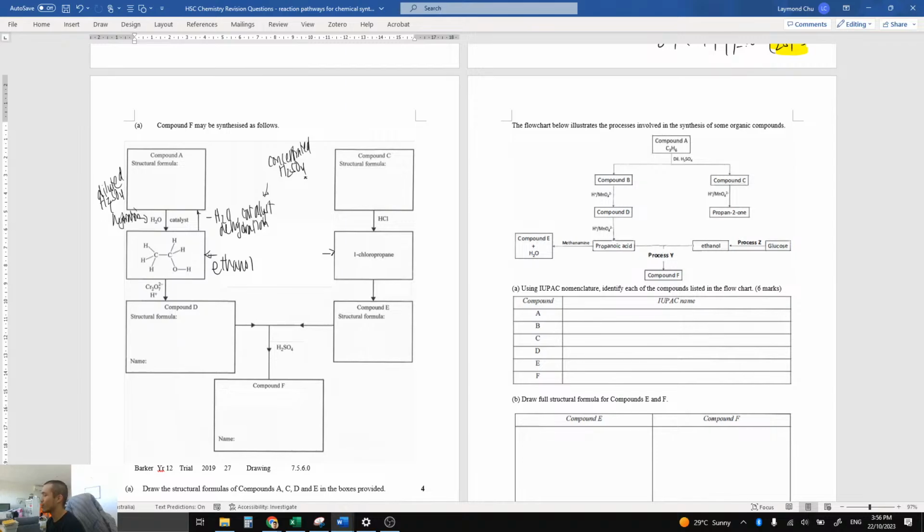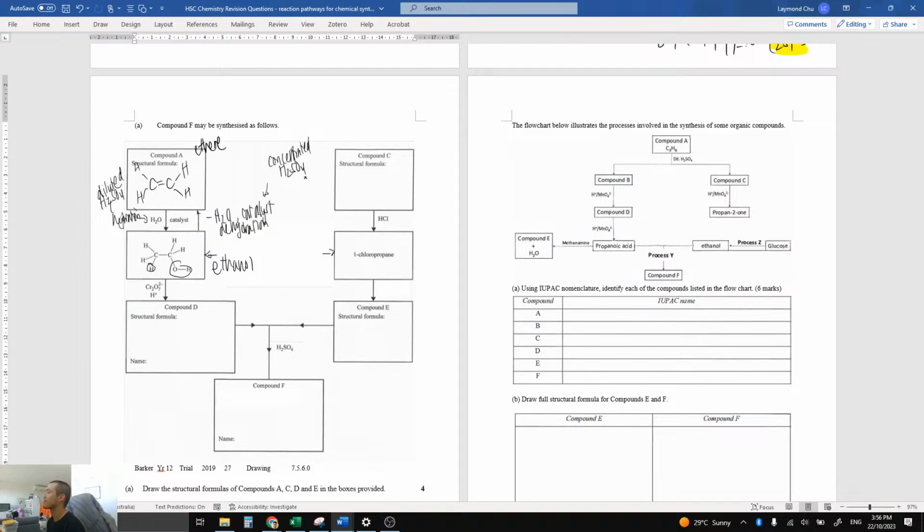If it's concentrated, there's less water, and it wants to take the water in. If it's dilute, there's a lot of water there already, so it can supply the water to that compound. So, compound A. What is compound A? Lose an OH from one carbon and an H from another carbon. So what I get is C double bond C with H and H, H and H. So this is ethene.